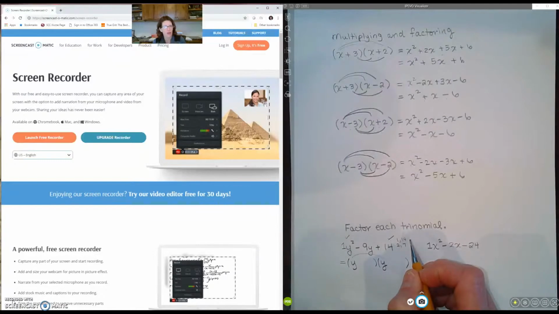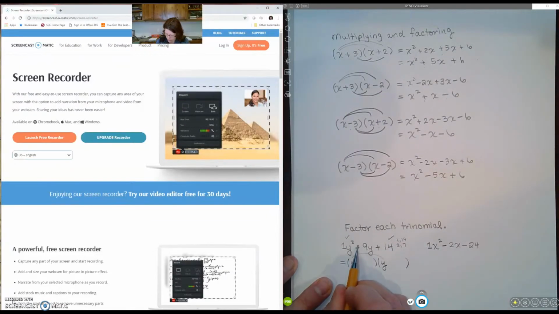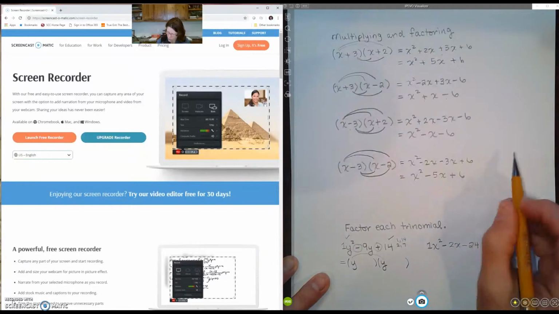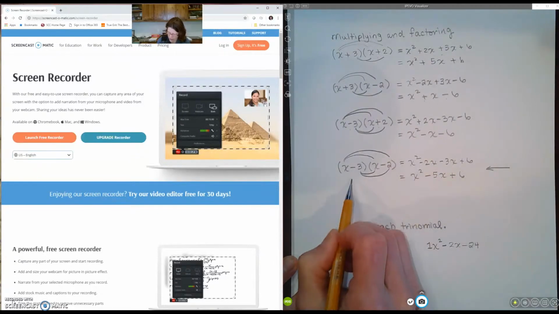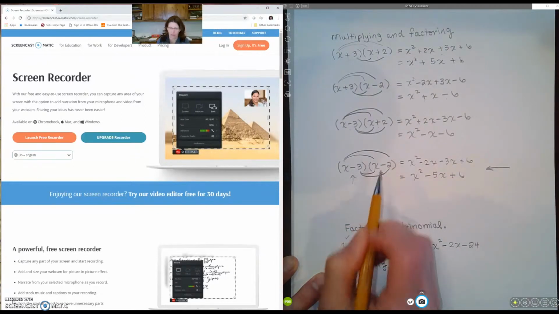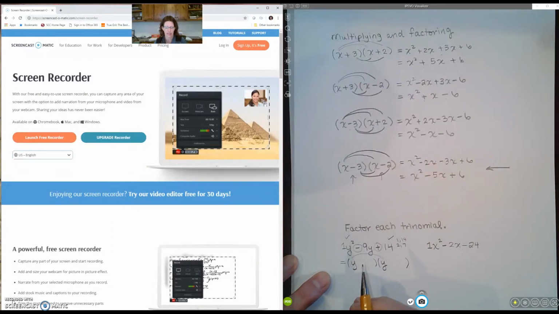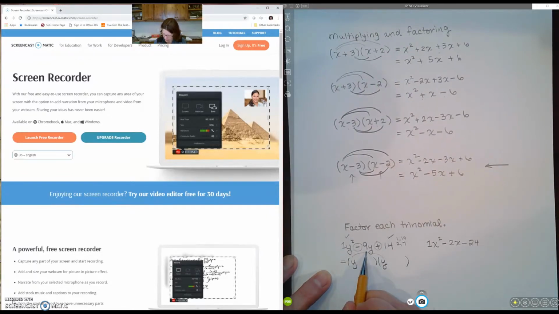So we know that we've got two different options to choose from, but also take a look at your signs. We've got a minus symbol in front of our middle term and a plus at the end, which tells us that we're going to need to use two minus symbols within our factorization. Okay, and to get a sum of negative 9, we're going to go with our minus 2 and our minus 7.